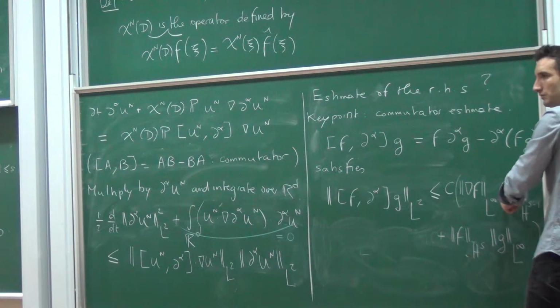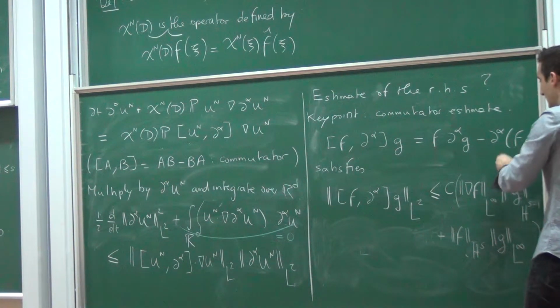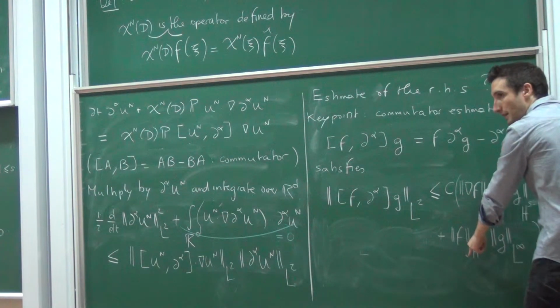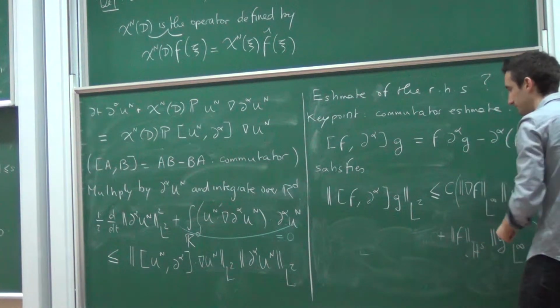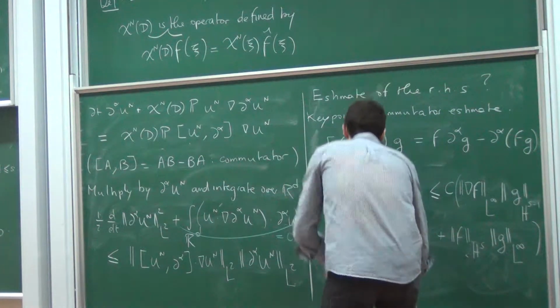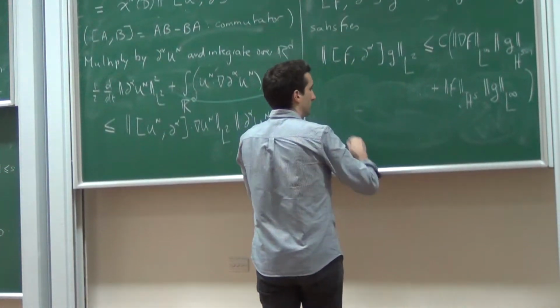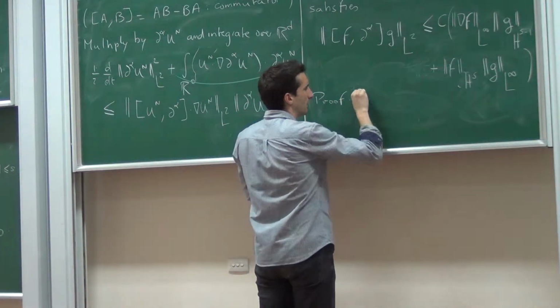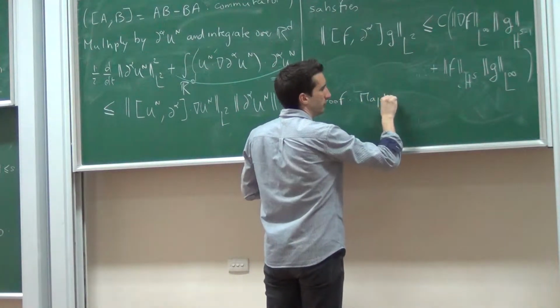This you can control by this. And the other extreme case is when all derivatives hit the f, which can then be controlled by this guy. So for a complete proof, you can see the book by Majda and Bertozzi, or my lecture notes in French.